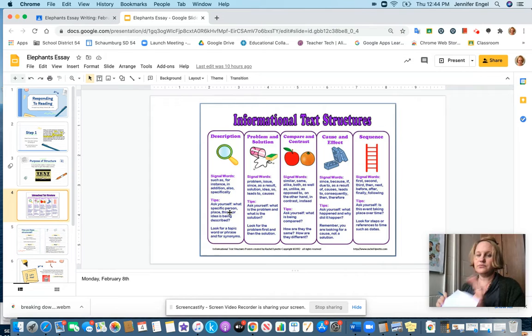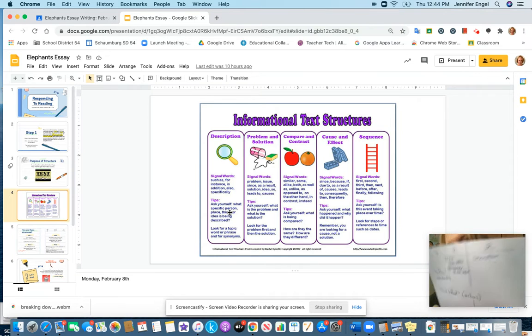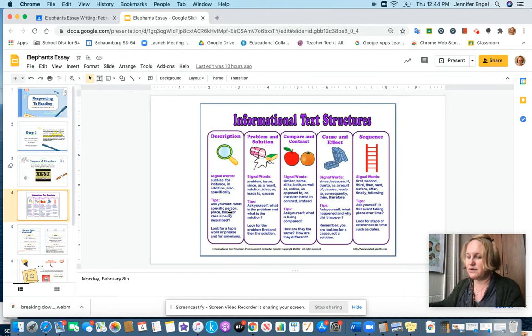Description. So I'm going to put that on here. But as I'm reading to myself, I'm thinking about why. What's the purpose of describing something about elephants, okay? All right, back to the articles.